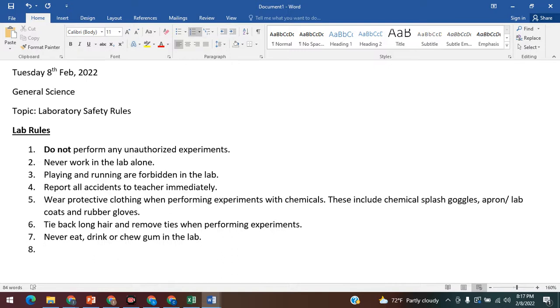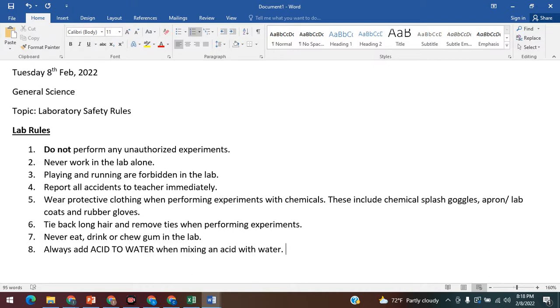Number 8. This is sort of less obvious, but always add acid to water when mixing an acid with water. So that's when you're diluting the acid, right?